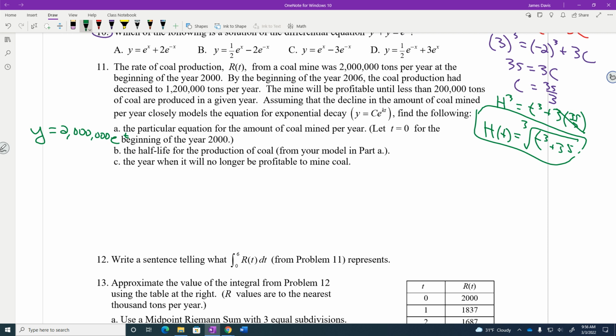So in order to get there, we got to use this other information that at the beginning of the year 2006, it decreased to this amount, right? So our equation then will be our y, our new amount, 1,200,000 equals 2 million e to the, we don't know the k, but in this particular scenario, we know that the t is what?